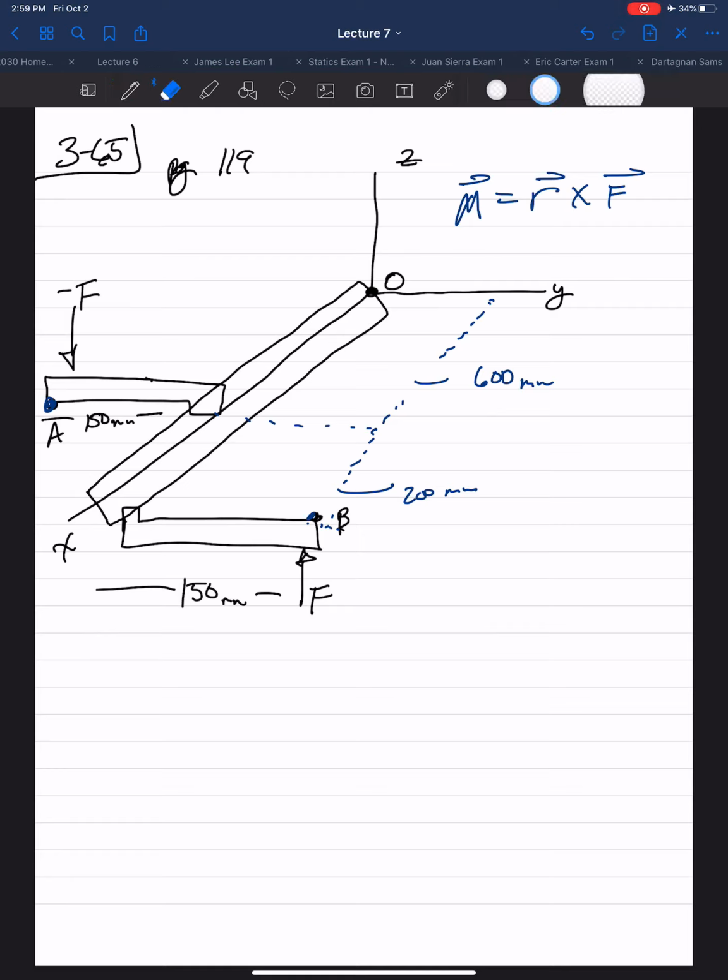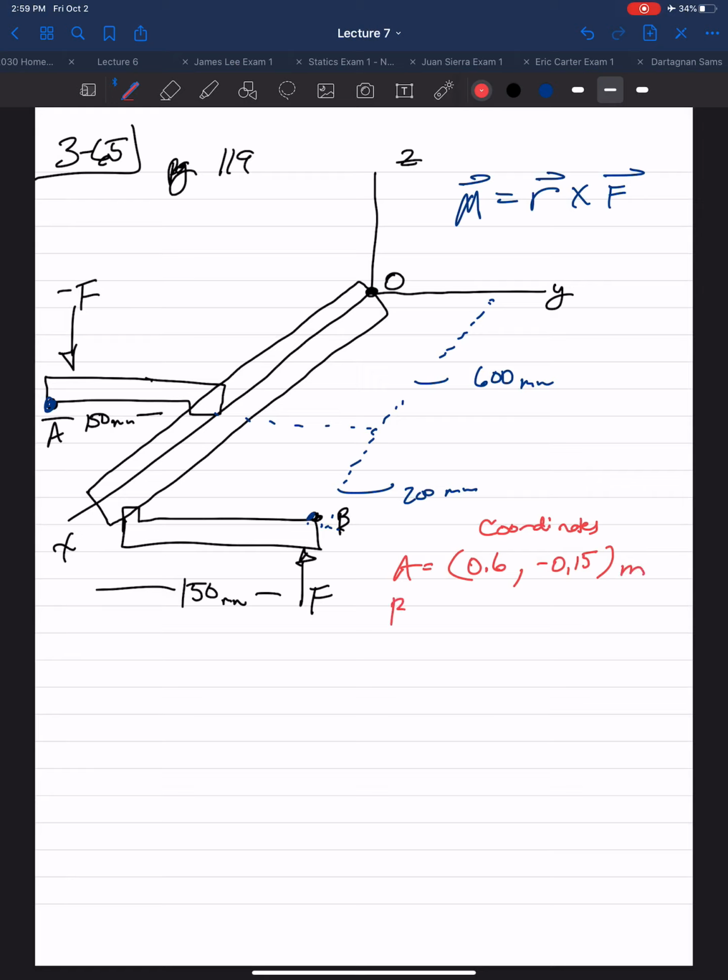Let me do that up here. Coordinates of A from the origin, you have to go 600, let's do meters, so 0.6 in the X direction, then 0.15 in the negative Y direction. And this is in meters.